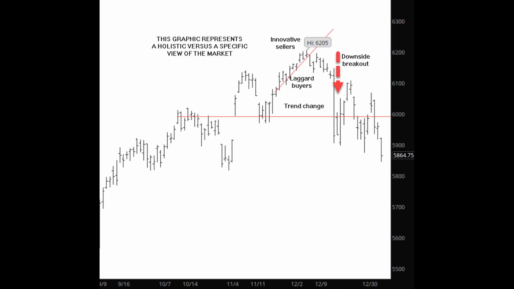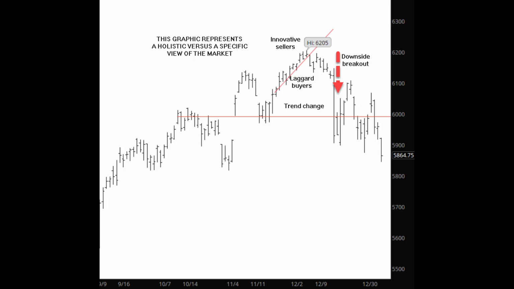To explain what I mean by that, think about having a puzzle, and all you're seeing are individual pieces. That would be a specific view of the market. Next, picture the fact that you have some idea of what the finished puzzle would look like, and each piece fits someplace in that puzzle.